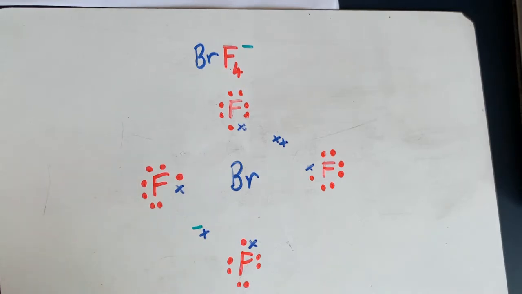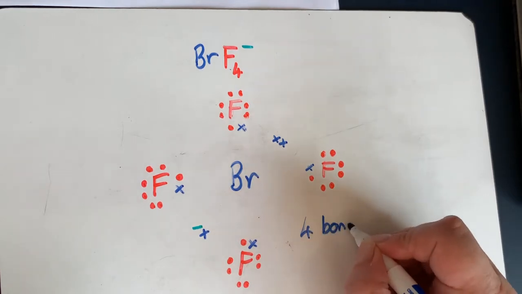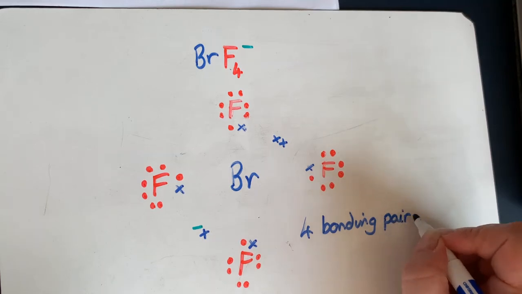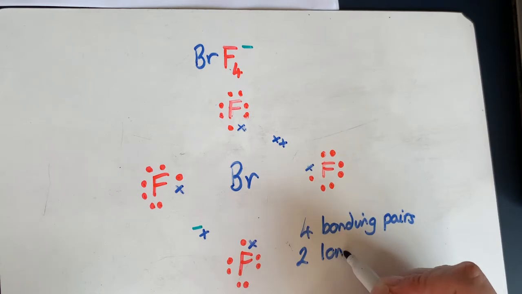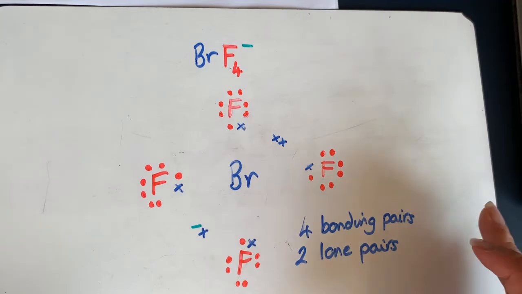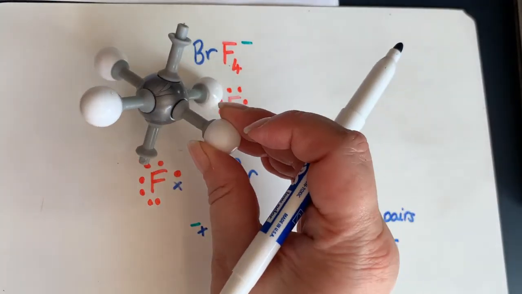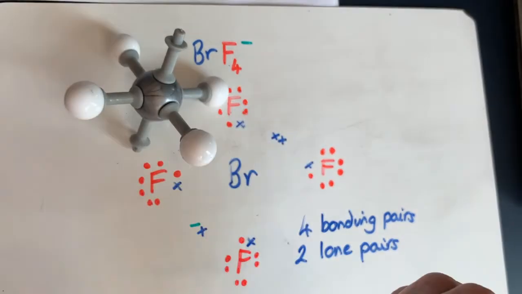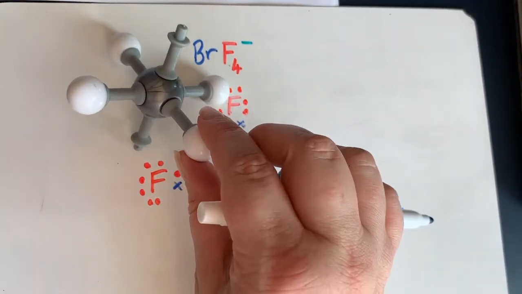So now we have 4 bonding pairs and 2 lone pairs, and that would form this kind of structure here, where we've got 4 bonding pairs and the 2 lone pairs, the ones that aren't connected, would go top and bottom.